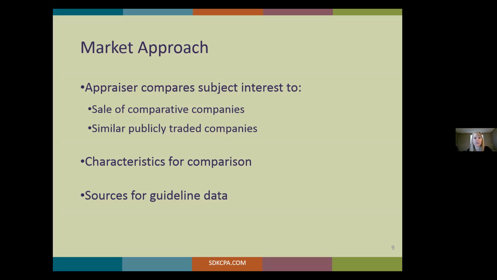Usually though, when we're evaluating closely held companies, the publicly traded companies are too large to be considered truly comparable, or they're more diversified, so have multiple different business lines where our company might just be similar to one of those lines.